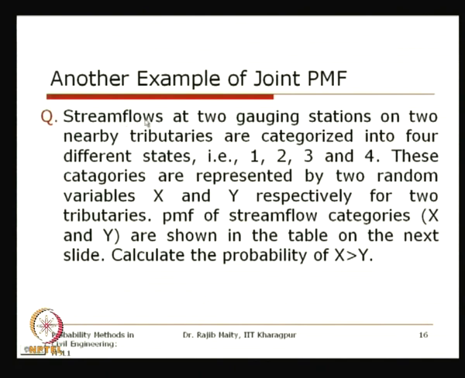Here, such an example is taken: the stream flow at two gauging stations on two nearby tributaries is categorized into 4 different states, that is 1, 2, 3, 4, for both tributaries. These categories are represented by two random variables X and Y respectively for the two tributaries.